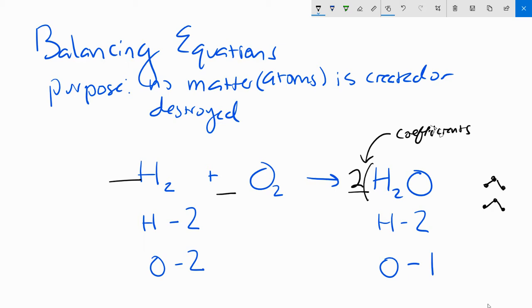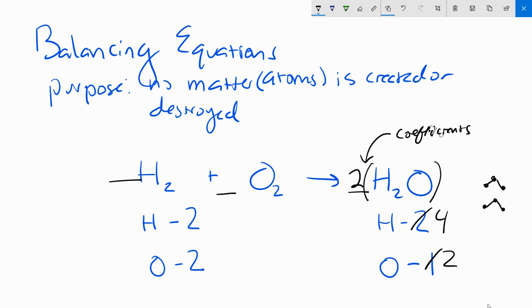So this 2 multiplies by everything, not just the oxygen I want it to be multiplied by. So 2 times 2 for the hydrogen, that is 4, and 2 times 1 for oxygen, that is 2. So now I have 2 oxygens on my product side, and I have 2 oxygens on my reactant side.